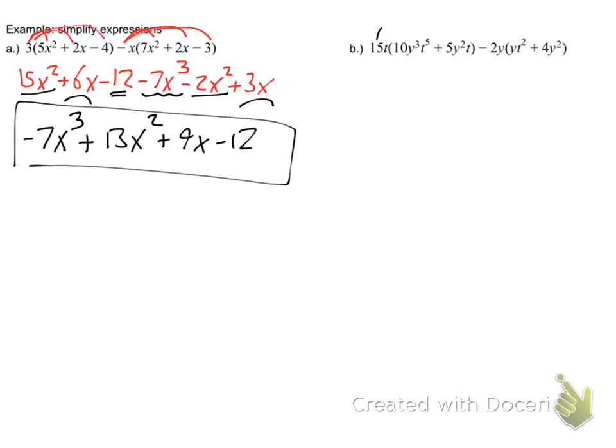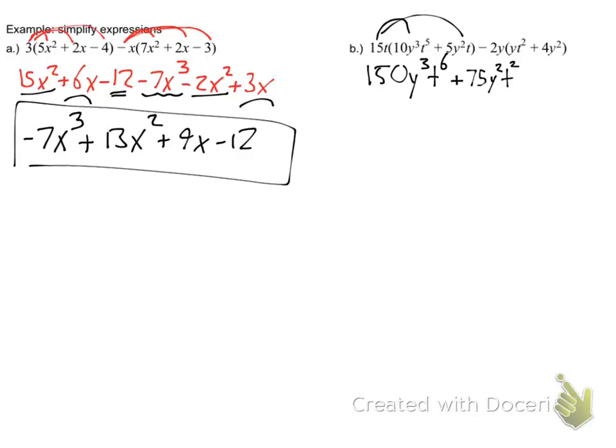So, Nick, what is it? 15t times 10y cubed t to the fifth is 150y cubed t to the sixth, plus, what's 15 times 5? 75y squared t squared.